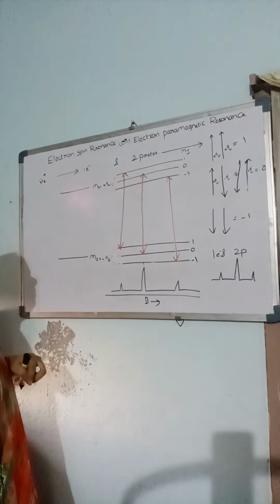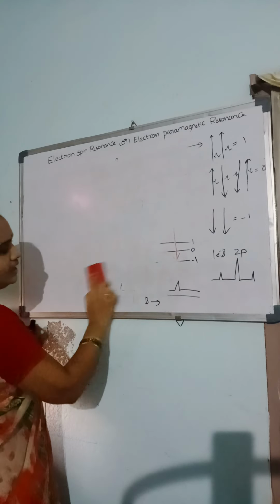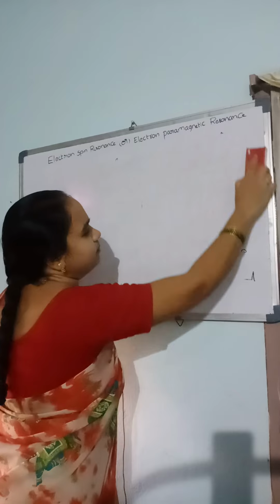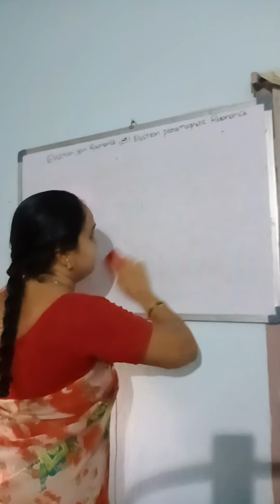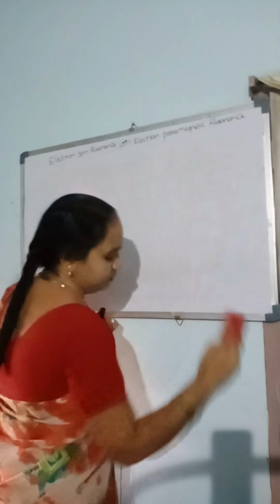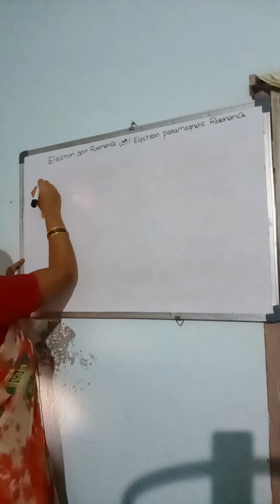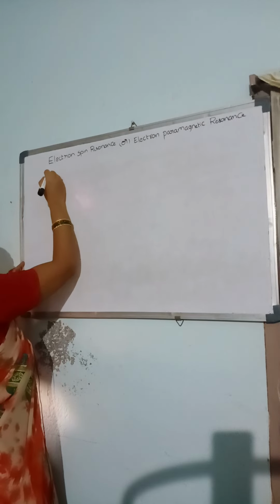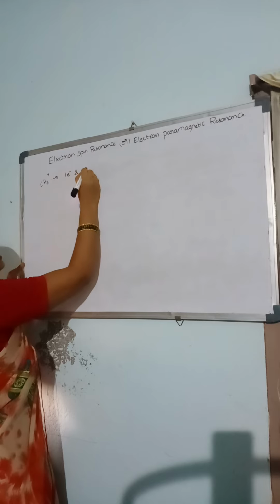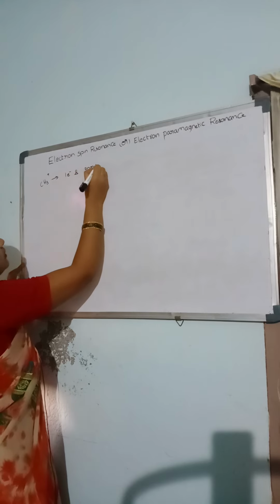Next, consider CH3 plus ion. CH3 plus ion, which consists of 1 electron and 3 protons.